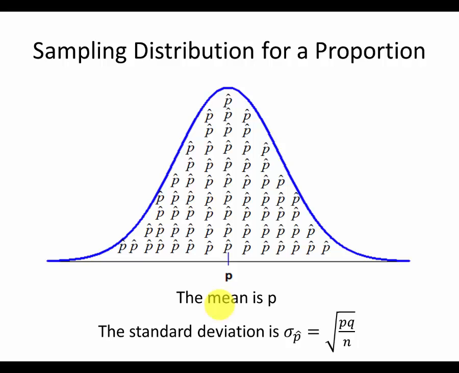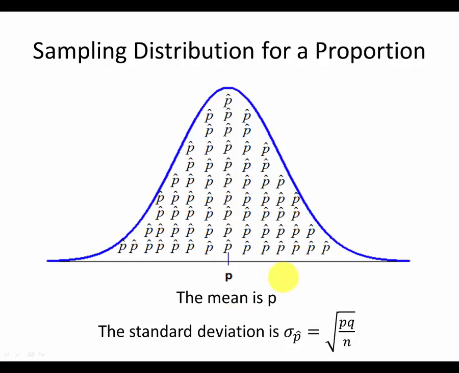This brings us to some formulas and ideas we can use with sampling distributions for a proportion. This picture here is just to remind you that the unimodal symmetric shape will show up if this is done. And also the p-hats are just to remind you that the distribution itself is made up of sample results from our different samples.